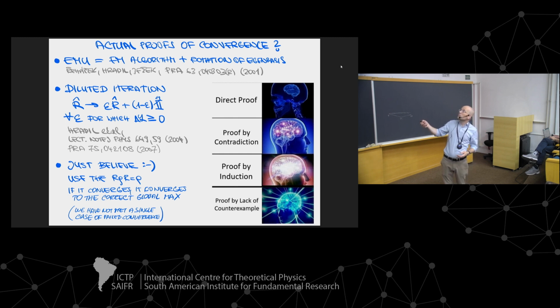There is, for example, this algorithm combining EM algorithm, expectation maximization, with optimal rotation of eigenbases or eigenvectors. But unfortunately, first, this algorithm is orders of magnitude more complicated for implementation, and is actually slower.